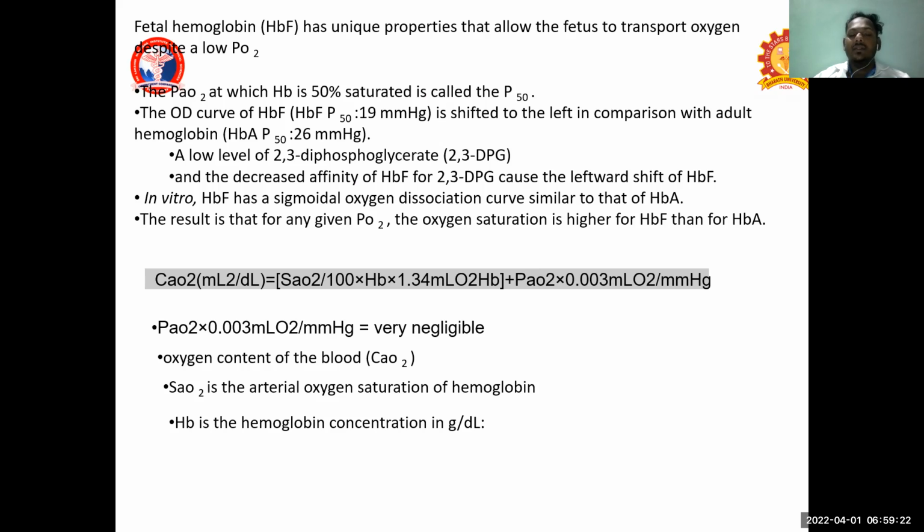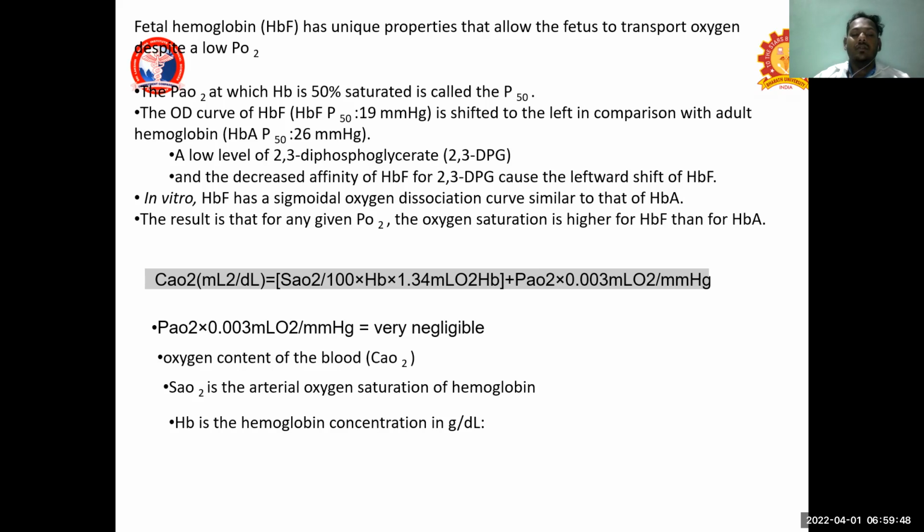So here we are going to see what CaO2 is. CaO2 equals hemoglobin times 1.3 ml times oxygen saturation, plus PaO2 times 0.003 ml of oxygen per millimeter of mercury.